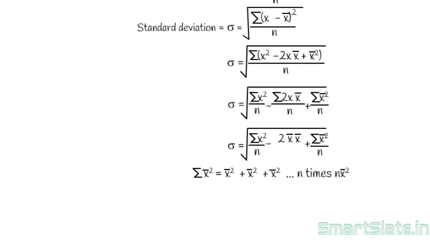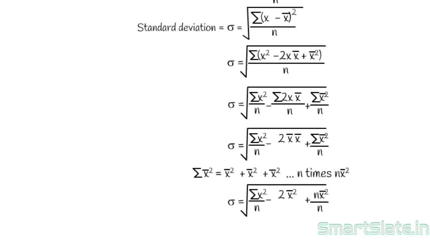Hence, we can write this equation as sigma equal to square root of sum of x square by n minus 2 x bar square, because x bar into x bar is x bar square, plus n into x bar square by n.